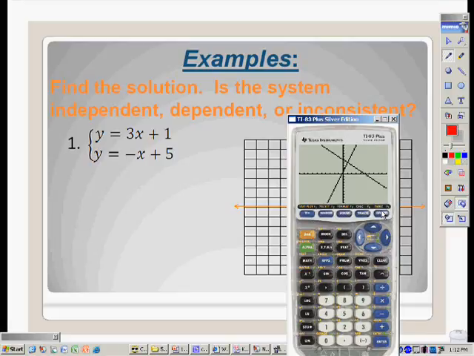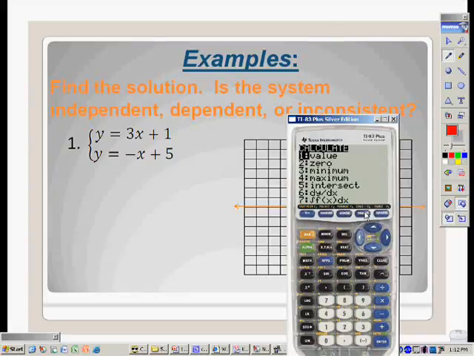That makes sense, because when you solve a system of equations, you're trying to find the intersection. So we're going to choose number 5, and hit enter. It's going to come up on the graph. Does everyone see the little flashy thing on the graph? And it says first curve.